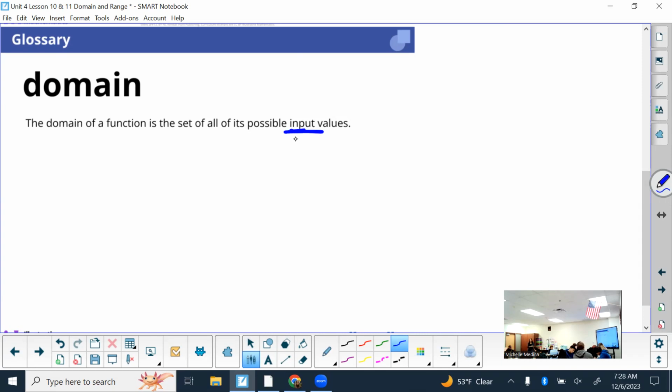So it's another way to say inputs. What else do we call inputs? X's. So domain is all the X's of a function. If you even want to shorten that definition, all the X's, inputs of a function.